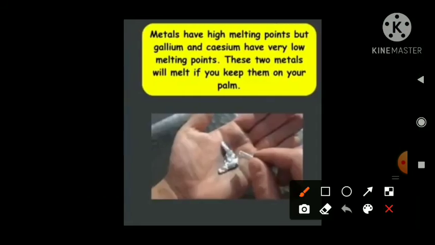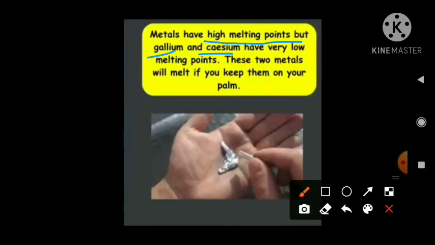Second, metals have high melting points, but gallium and cesium have very low melting points. These two metals will melt if you keep them on your palm. We know that metals don't melt at room temperature because they have high melting points, but these two metals, gallium and cesium, are liquid.